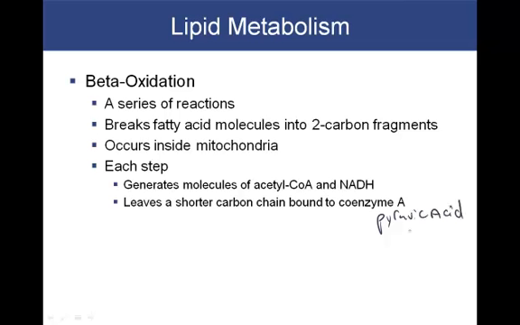And pyruvic acid, once it enters the mitochondria, is converted to acetyl-CoA. So in beta oxidation, fatty acids are converted to acetyl-CoA. And that acetyl-CoA, again, can enter into the TCA cycle and then the electron transport system for the production of ATP.